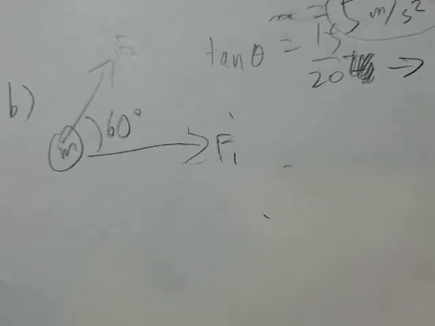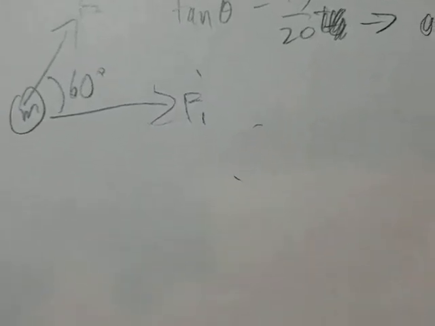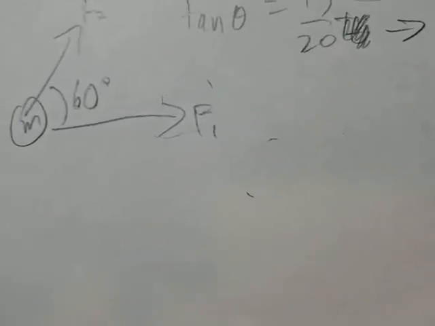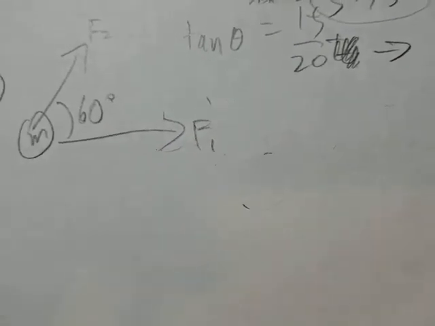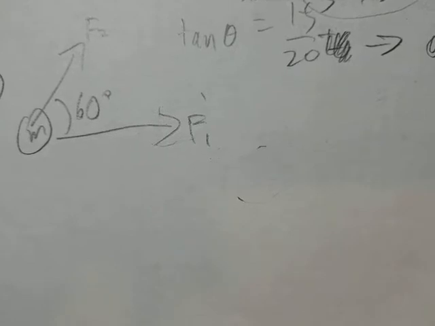How to solve for B? The diagram looks like this. Alright, that's pretty much what it looks like. And so the first step we're going to do is solve for the resultant vector of these two once again.